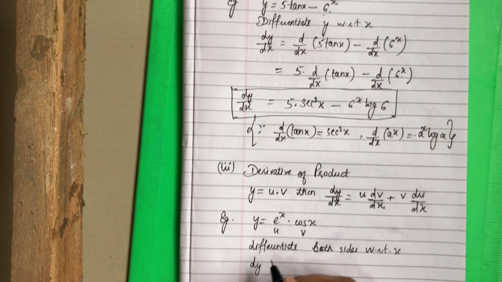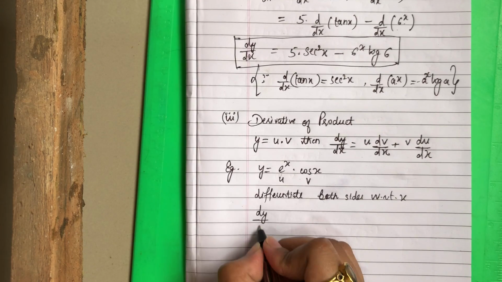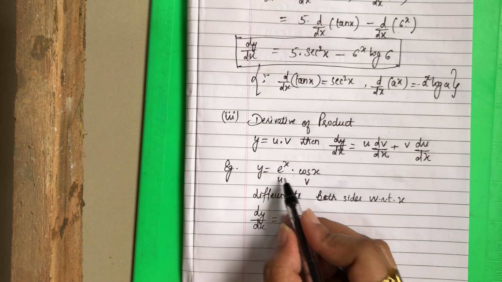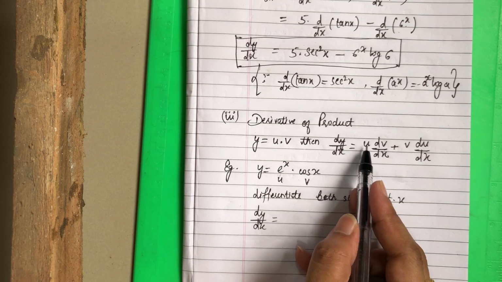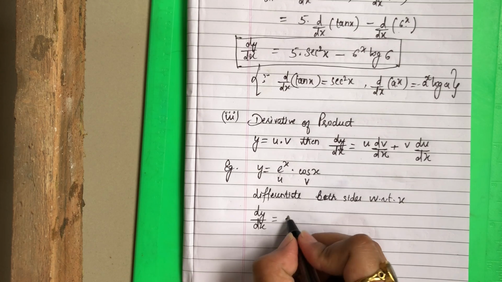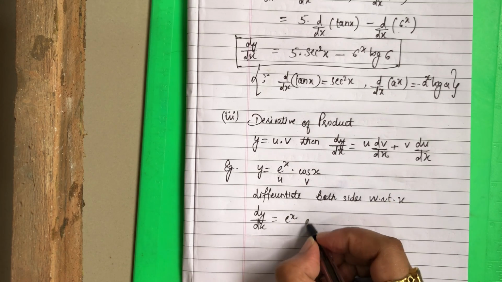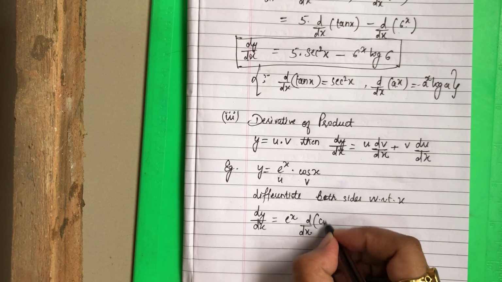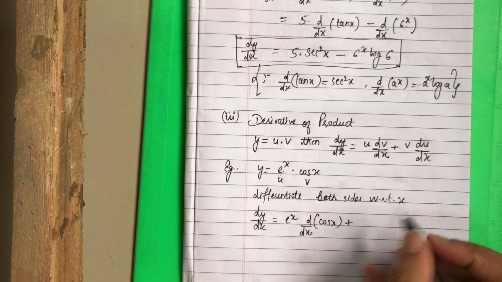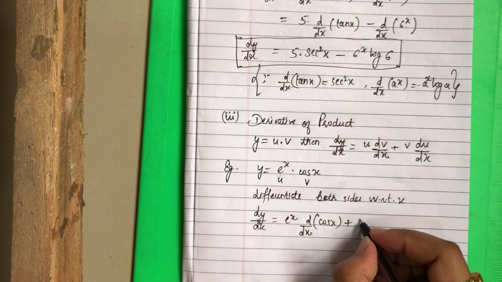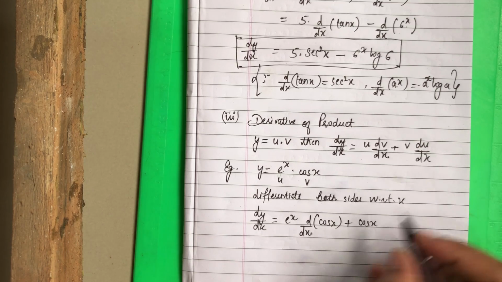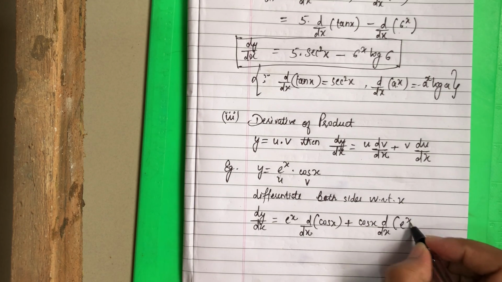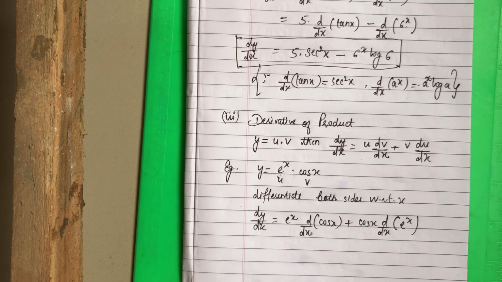So we are getting dy by dx is equal to, u is e raised to the power x, substitute in place of u, e raised to the power x, d by dx of v is cos x, plus v, that is cos x, d by dx of u, that is e raised to the power x.